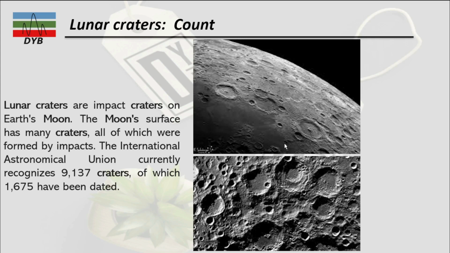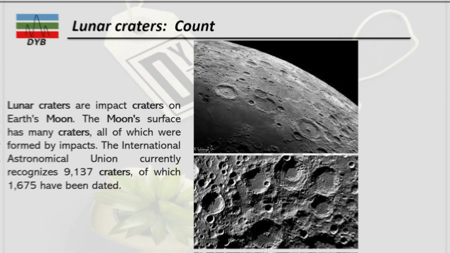Lunar craters are impact craters on the Earth's moon, and the moon's surface has many craters, all of which were formed by the impact of meteorites. The International Astronomical Union currently recognizes 9,137 craters, of which they have named 1,675, and they have named, dated, and calculated the size of these craters.